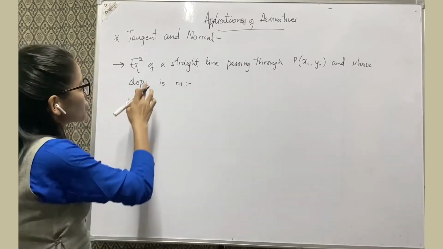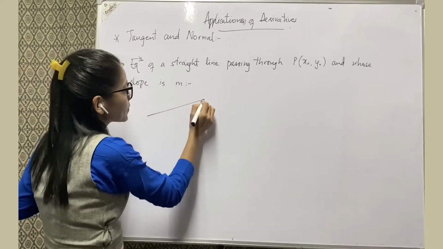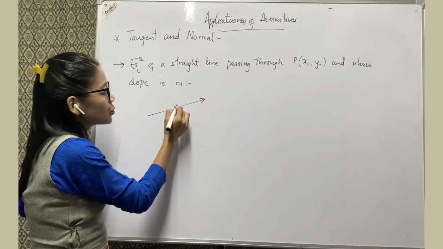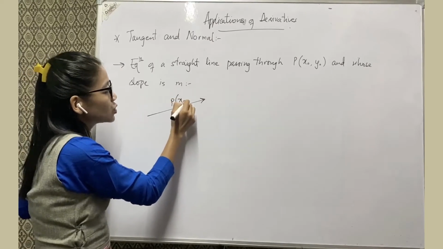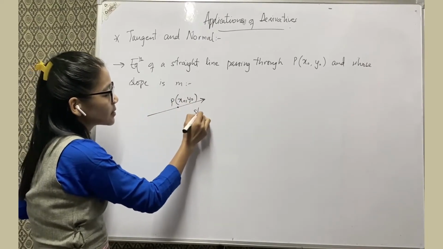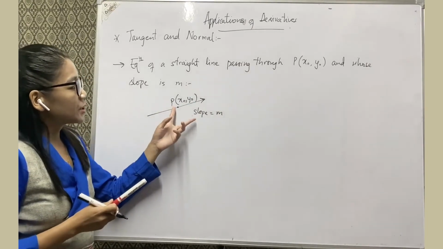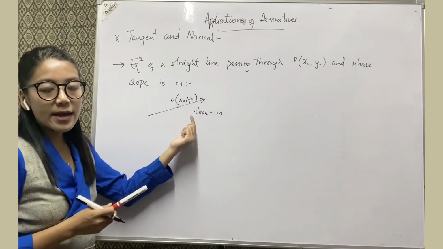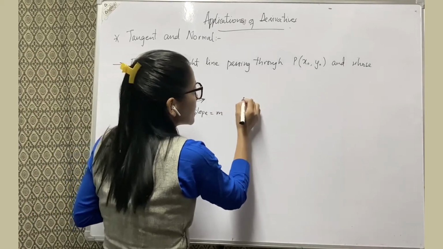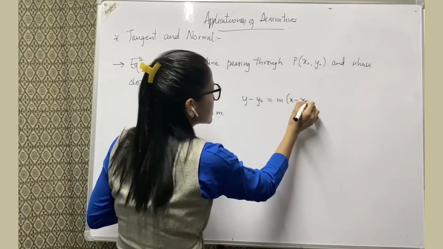So if you have a line and you want to find the equation of this line, and it is passing through a point P whose coordinate is x naught, y naught, and you know the slope of this line is m, then with these two conditions, a coordinate on the line and a slope of the line, the equation of the line is y minus y naught equals m into x minus x naught.